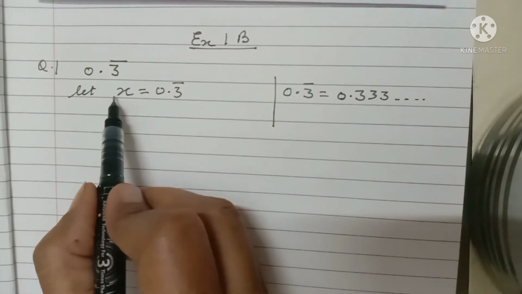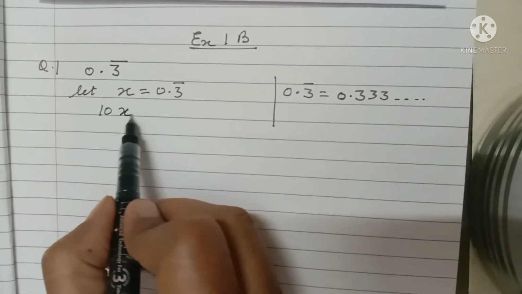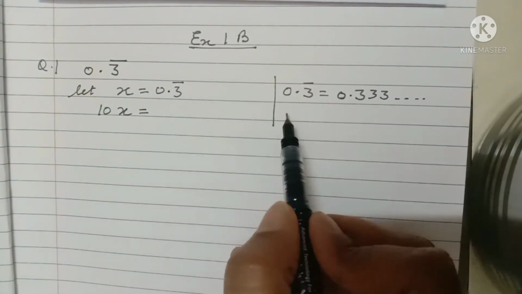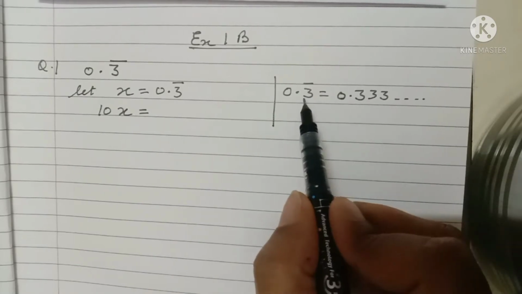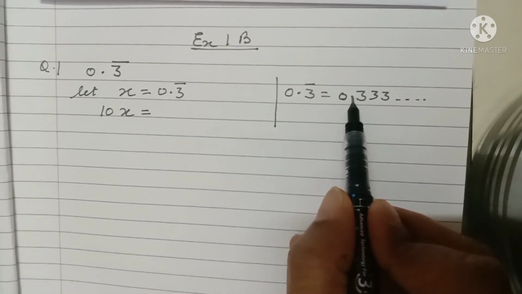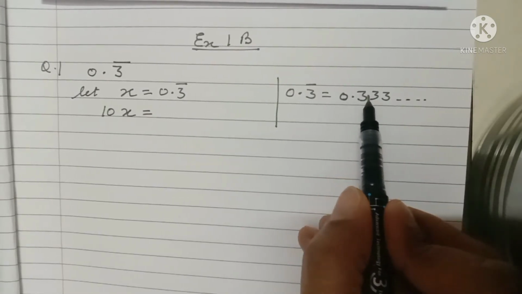Now multiply by 10 on both sides. So this becomes 10x. And what about the 0.3 bar? When you multiply 0.3 bar by 10, the decimal place will shift after one digit.